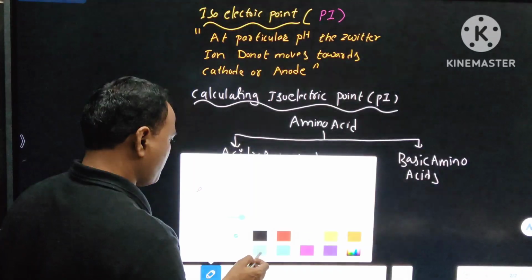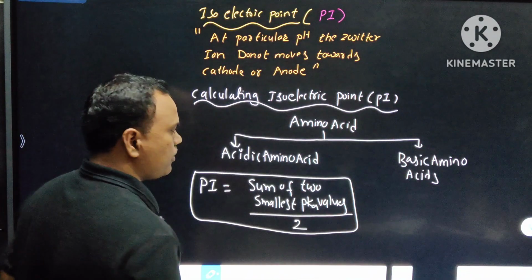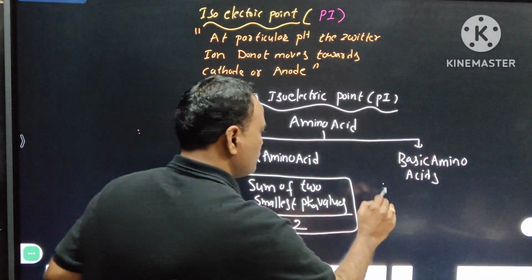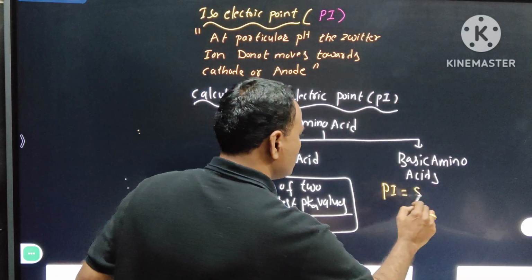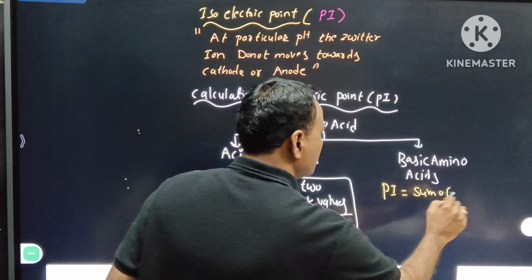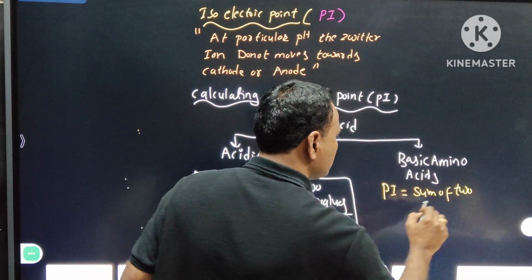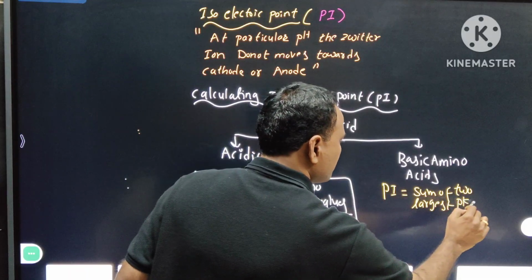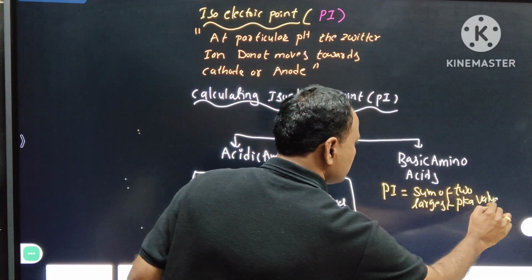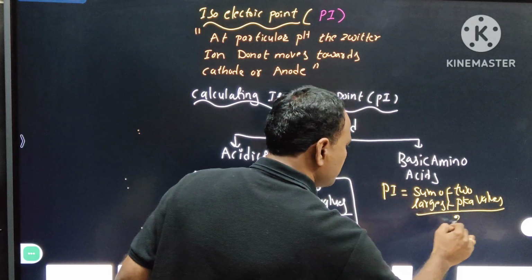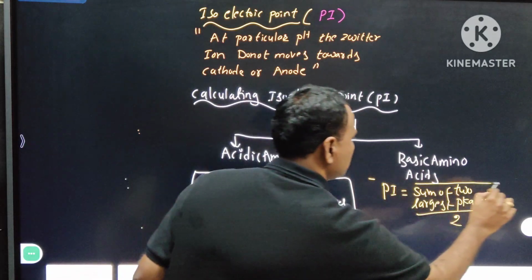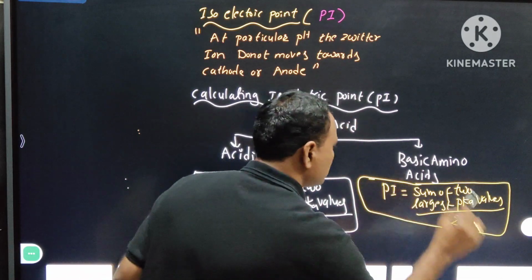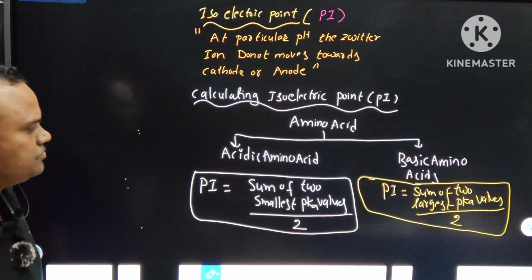In case of basic amino acids, isoelectric point pI is equal to the sum of two largest pKa values divided by 2. Right.